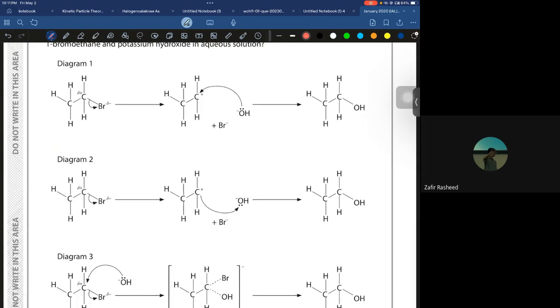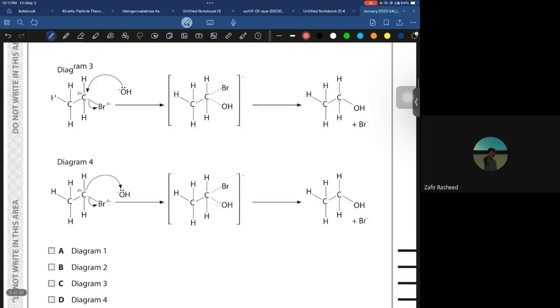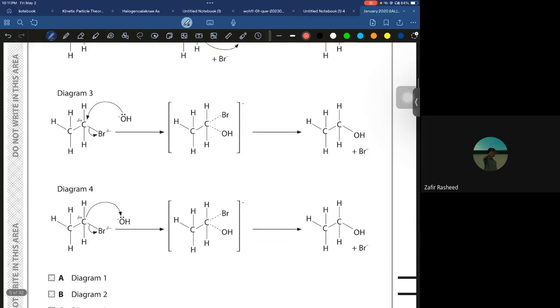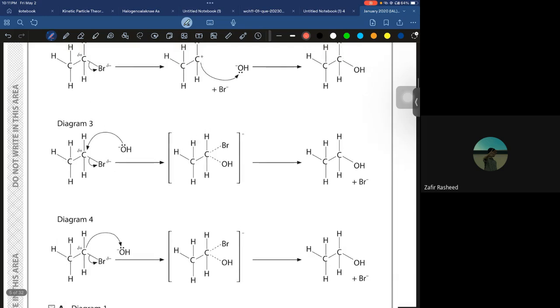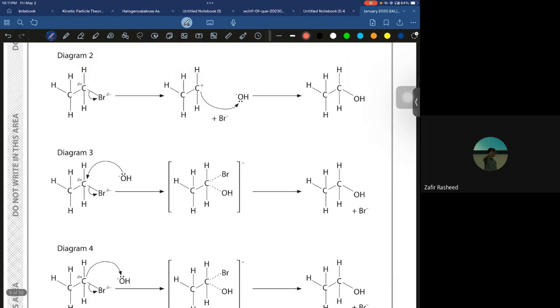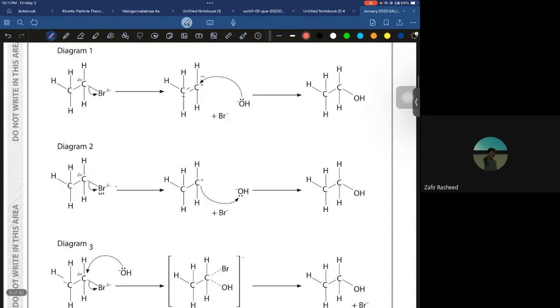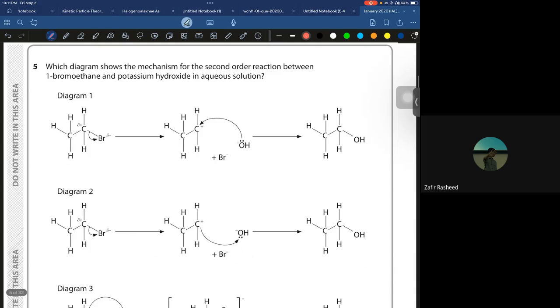Diagram 1, diagram 2, diagram 3, diagram 4. Let's check option A, I'm talking about diagram 1. It's a primary halogenoalkane, so it's going to give what?